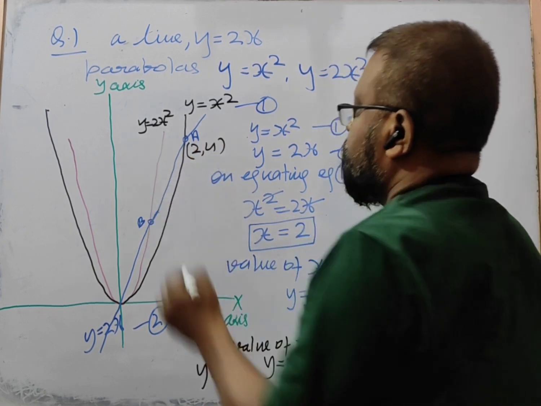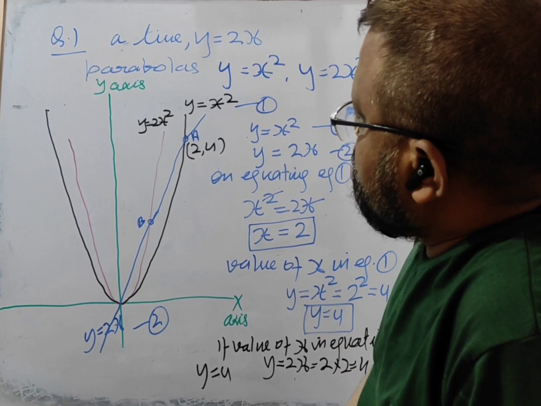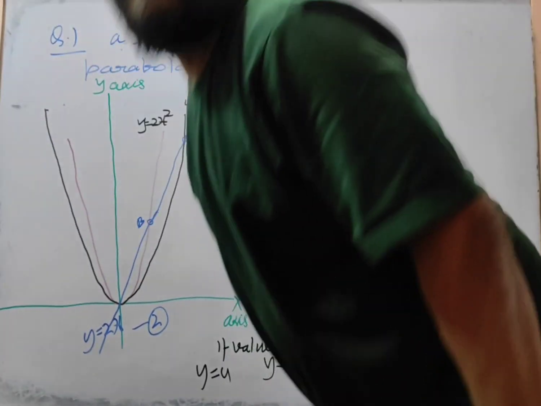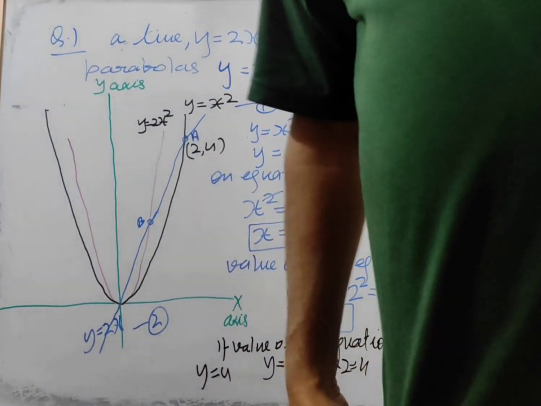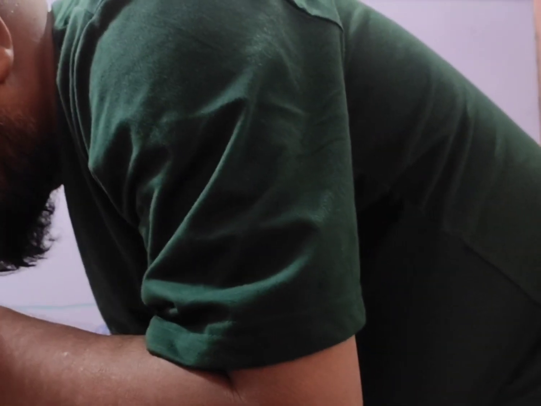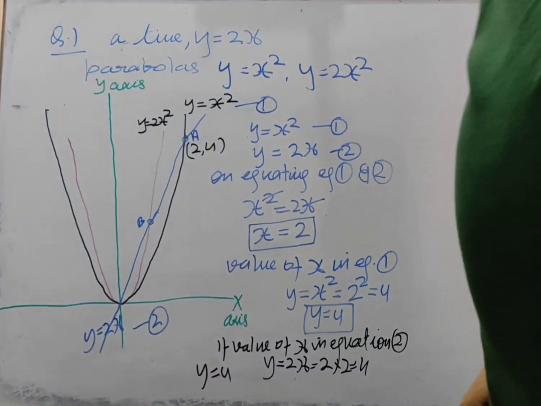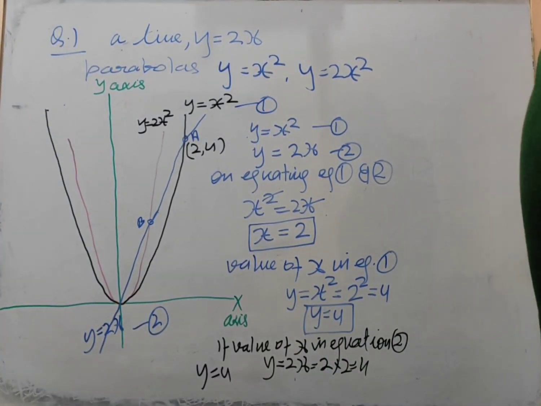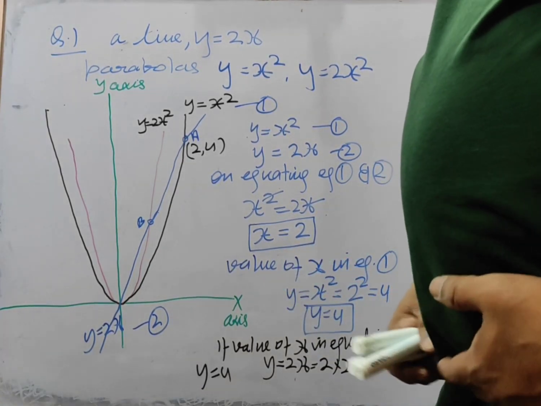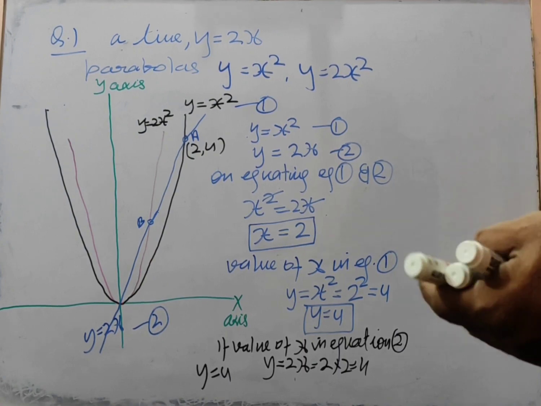On the x-axis it is 2, and on the y-axis it is 4. This is the coordinate of point A.